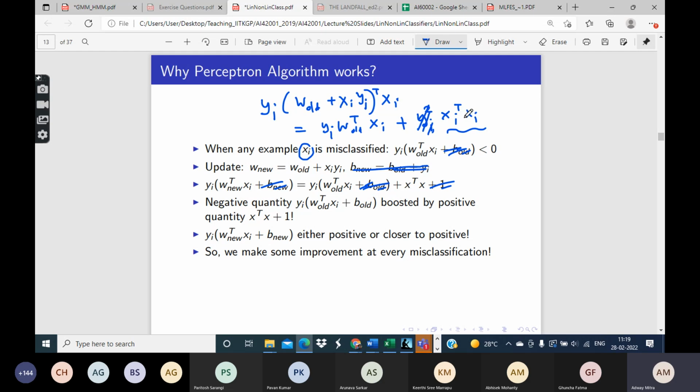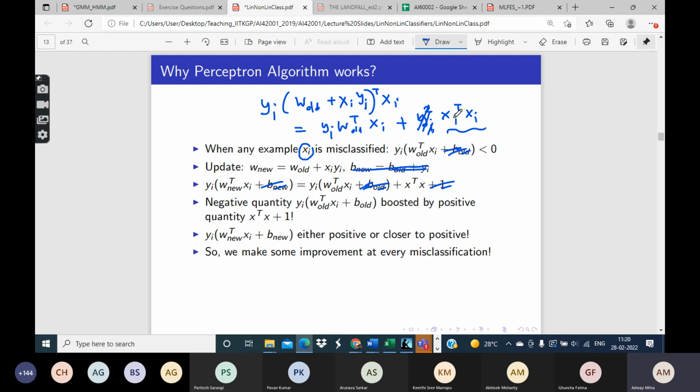Now, if you look at this quantity, Yi W old transpose Xi, it is what initially turned out to be negative when you misclassified the point. To that I am adding Xi transpose Xi.